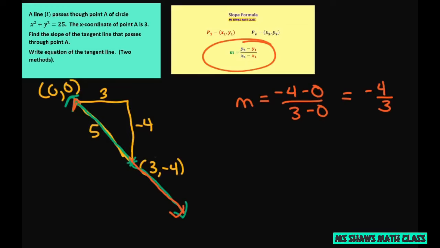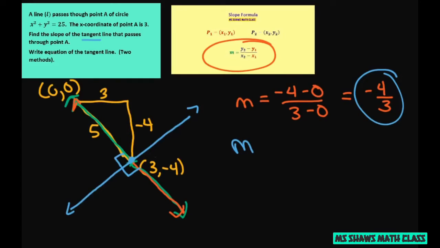So for the perpendicular line, now let's draw that perpendicular line. If it's perpendicular, it forms a right angle here, 90 degrees. So that's how the line has to go. That's what tangent means. Tangent means perpendicular. So all you do is take that slope.